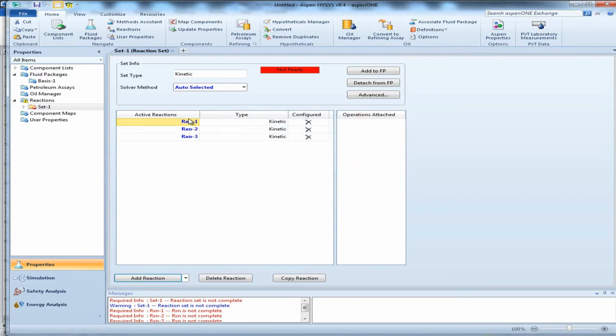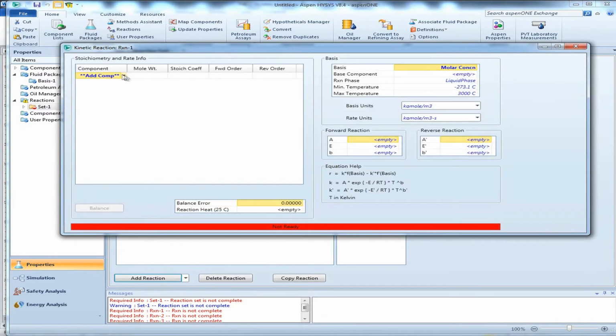Alright, now we start with the first one. So we use ethylbenzene to produce styrene and hydrogen with stoichiometric coefficients -1, 1 and 1. That's the product.